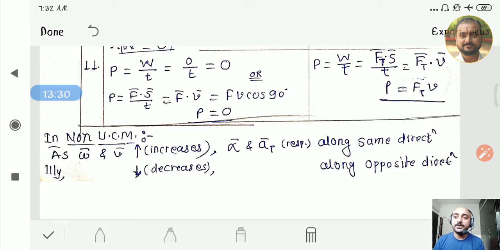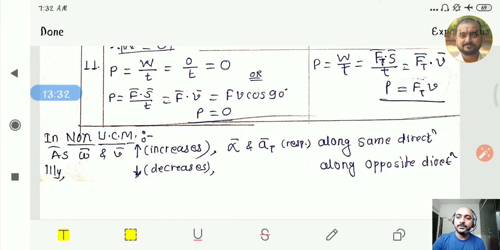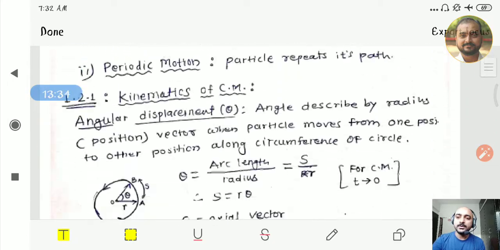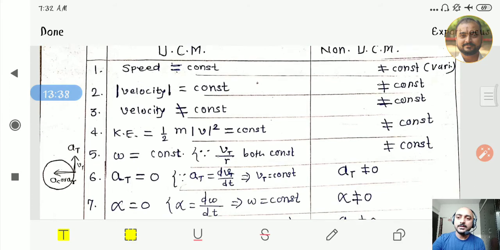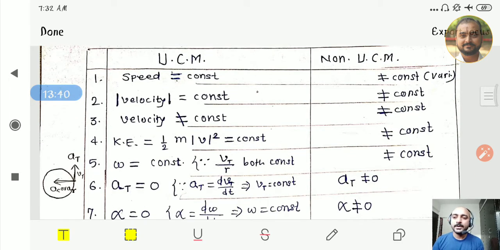These are very noteworthy points about the uniform circular motion. Okay, and if you remember all these points, you never need to worry about the examples or MCQs related to NEET, JEE, etc., as well as board exams also.